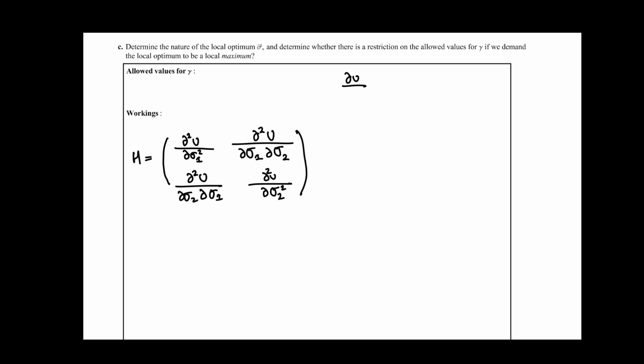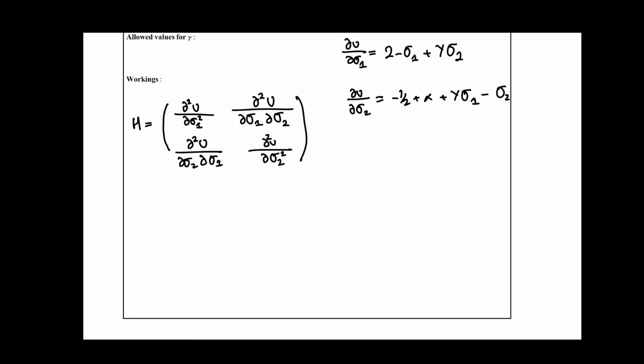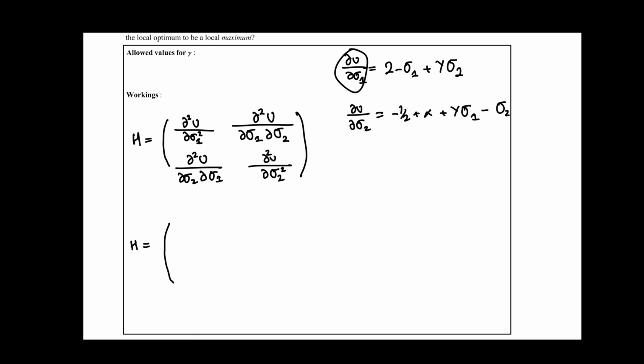If I jot down the first derivatives, we had 2 minus sigma 1 plus y sigma 2, and we had minus a half plus alpha plus y sigma 1 minus sigma 2. If I work out the second derivatives, differentiating this with respect to sigma 1 again, we will be left with just minus 1.